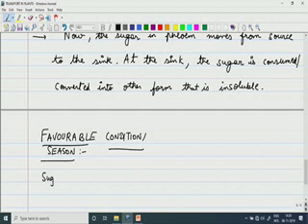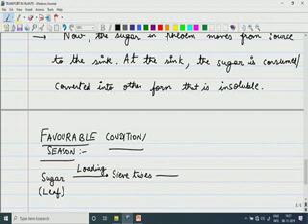Sugar is manufactured in the leaf, transported, loading of sugar into sieve tubes. It is unloaded at the root cells, basically root parenchyma cells.